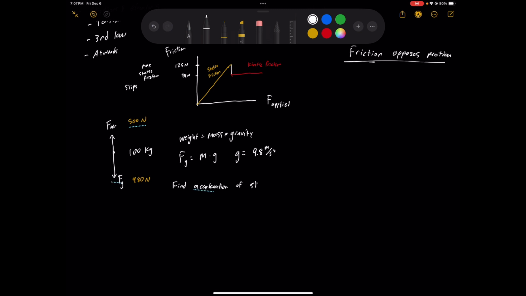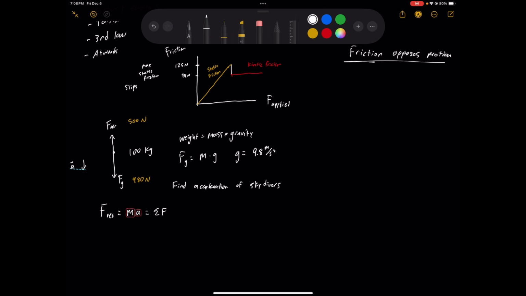I know that y'all can do this, but let's just go over the conventions. Here we know this guy is going to be accelerating downward because the force of gravity is greater than the air resistance, so he's going to have a net force going down. Let's set up Newton's second law: F net is equal to ma, and it's also equal to the sum of the forces.